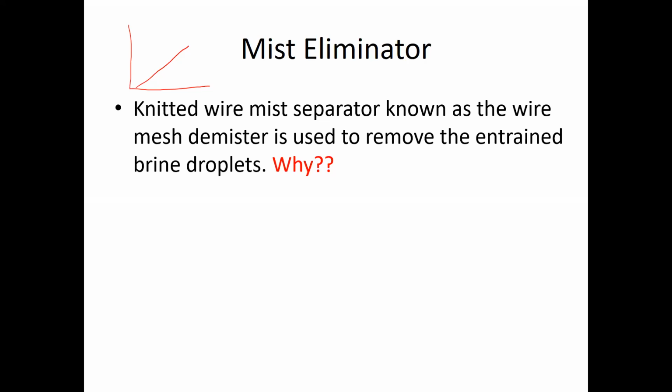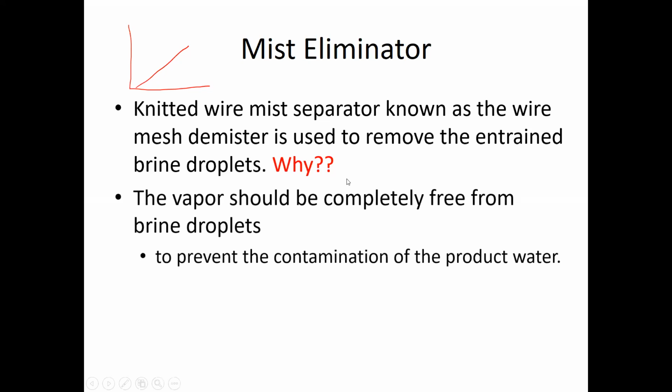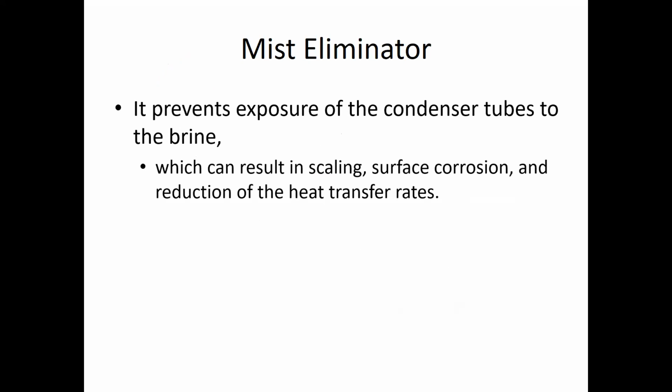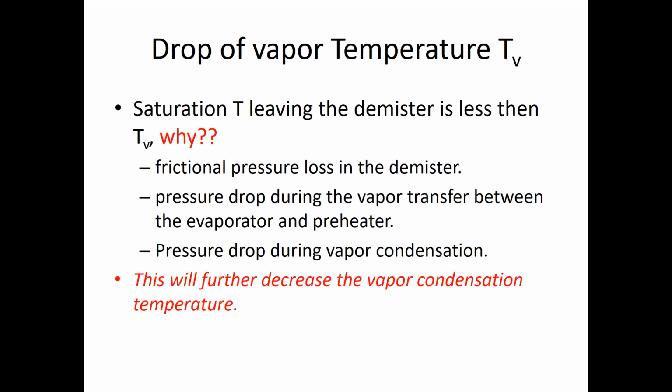That's why you put a mist eliminator. So the condenser should not have any brine at all. And we talked about the drop of temperature, which is because we are talking about vapor. So for vapor, pressure and temperature are interrelated, and normally any drop in pressure is accompanied by a drop of temperature.